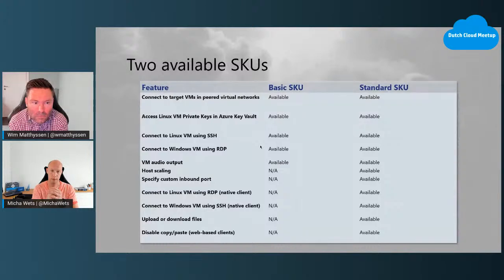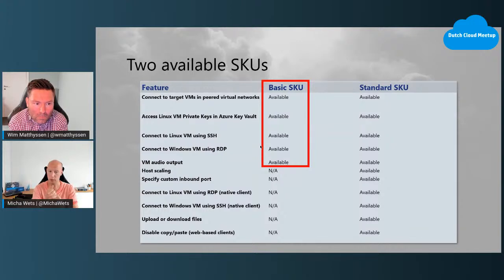There are two SKUs available right now, one basic, one standard. The basic SKU is already a great service because you can connect to your virtual machines from within the Azure Portal. You can use a key vault, I will demo that as well, for your private keys to connect to your Linux virtual machines.